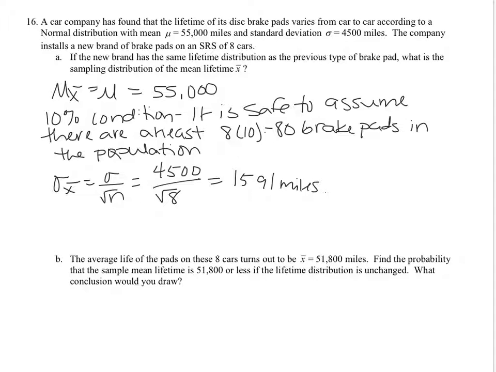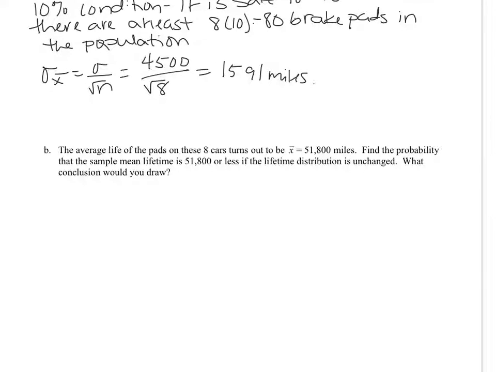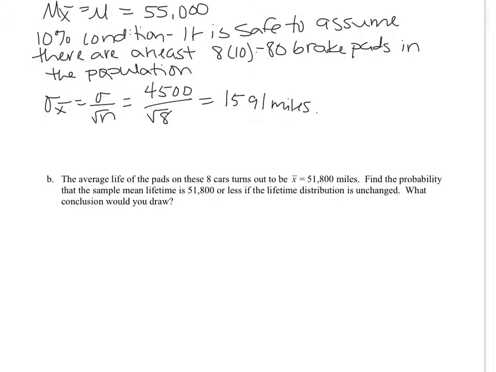All right, part B says the average life of the pads on these 8 cars turns out to be x bar equals 51,800. Find the probability that the sample mean lifetime is 51,800 or less. All right, so we already have our mean and our standard deviation from above, so we're ready to go ahead and find the z-score.